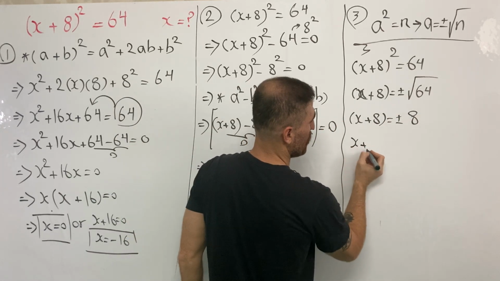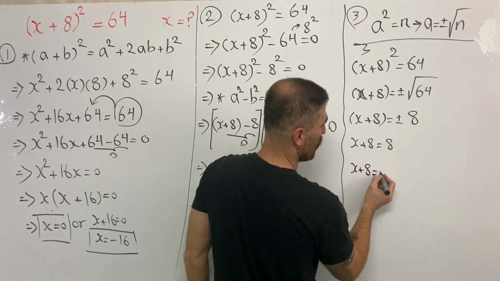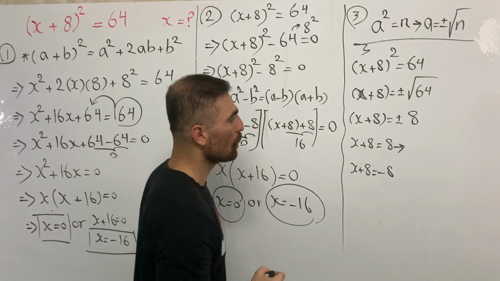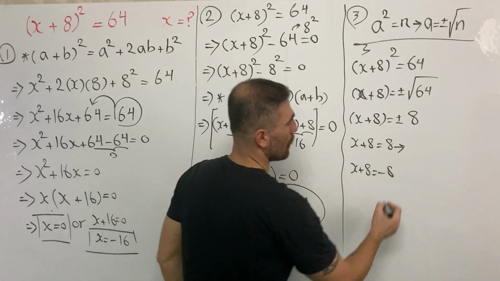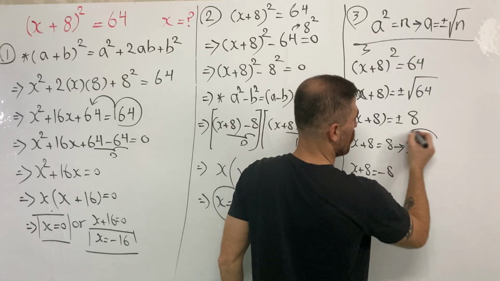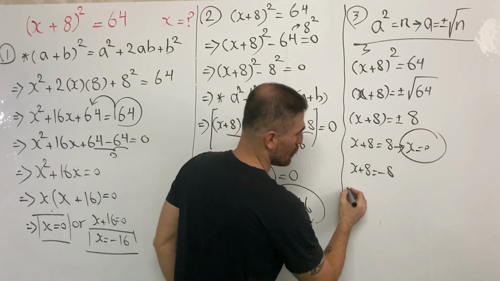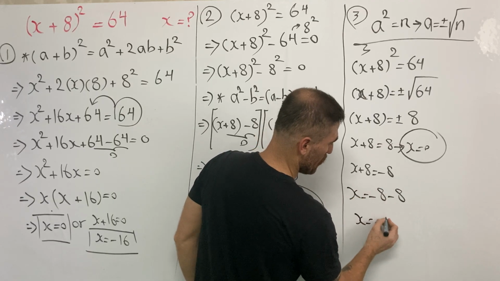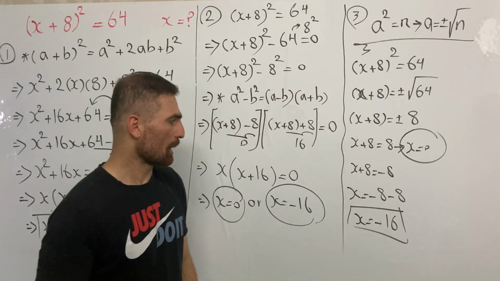So we have x plus 8 equals 8 and x plus 8 equals negative 8. From the first one, x plus 8 equals 8. What is the value of x? x is going to be 0. This is our first answer. x plus 8 equals negative 8. So x is going to be negative 8 minus 8. x is negative 16. And this is our second answer.